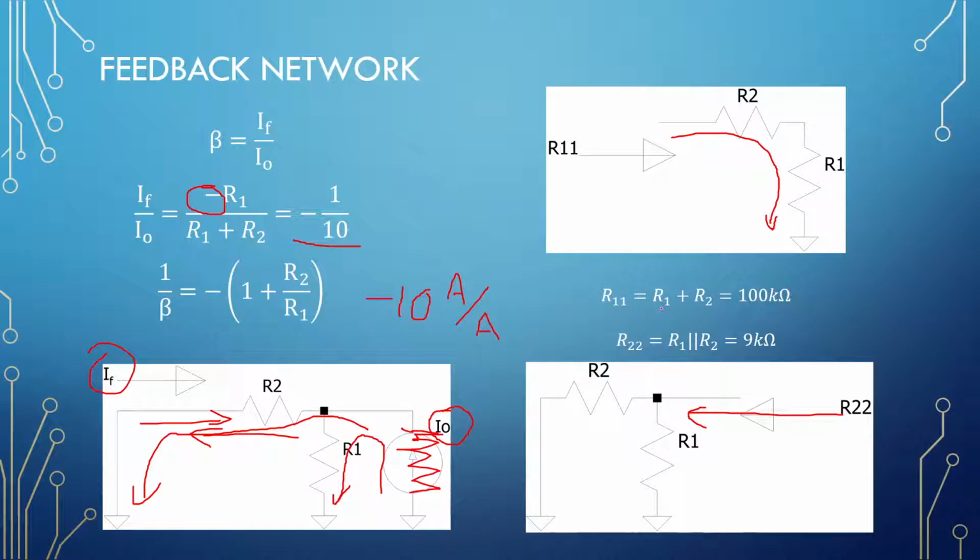So this was 10k and 90k, which makes 100 kilo ohms, and the two in parallel gives us 9 kilo ohms. Okay, so anything on the input side, we will be working with R11, and anything on the output side, we will be working with R22.